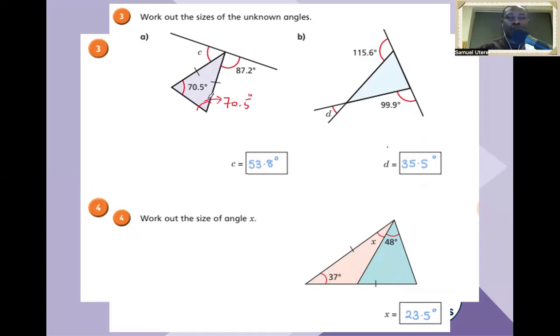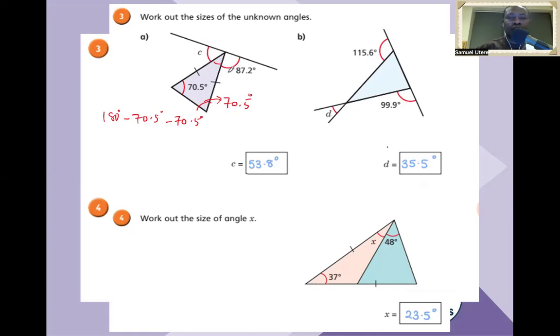Now, you can use sum of angles in a triangle to find this angle. So you do 180 degrees minus 70.5 degrees minus 70.5 degrees to get this angle here.